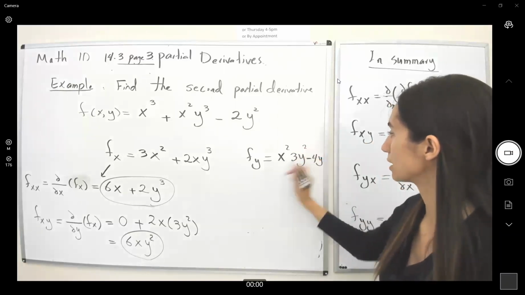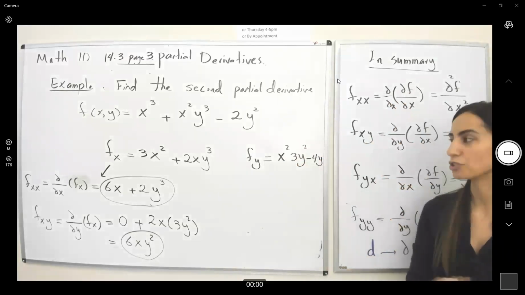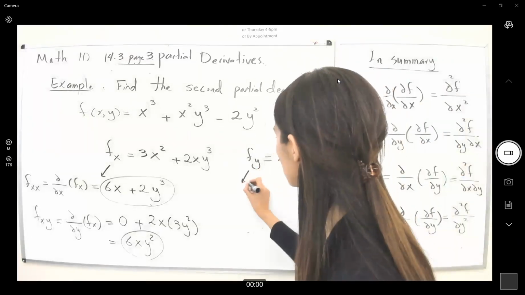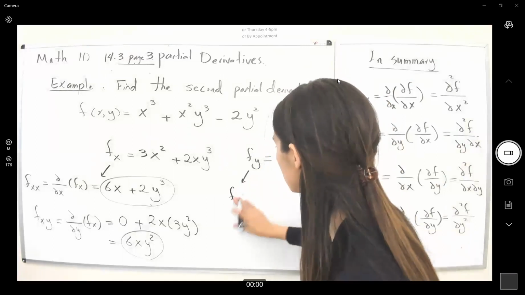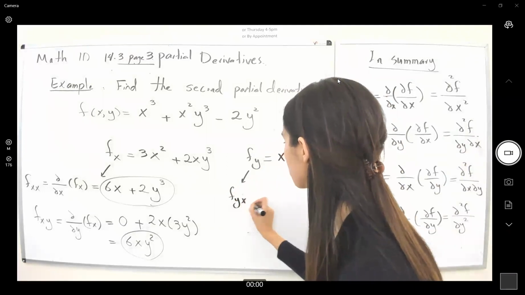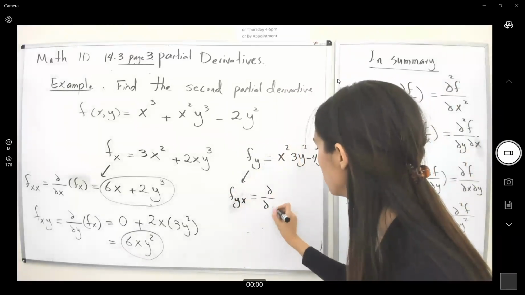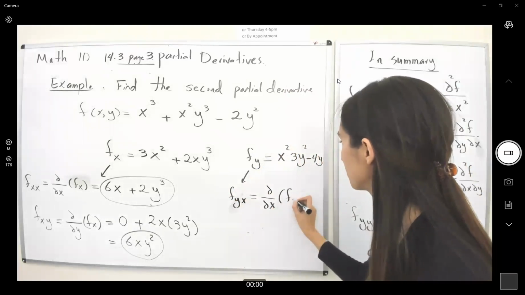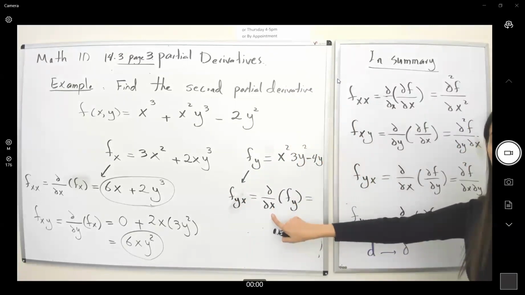Now we're using f of y to find the rest of the second partial derivatives. Here we go. F of yx, which is equal to the partial derivative of this function with respect to x.